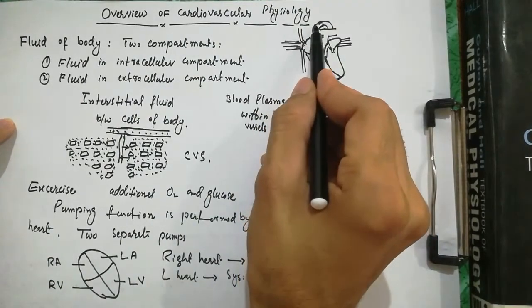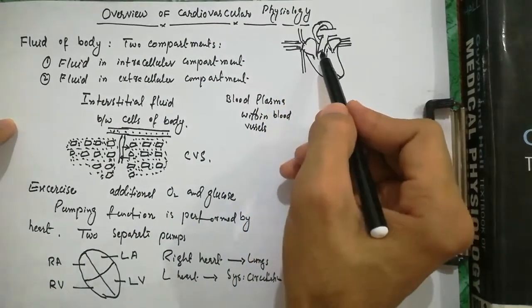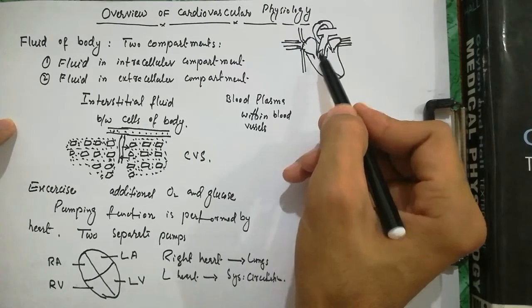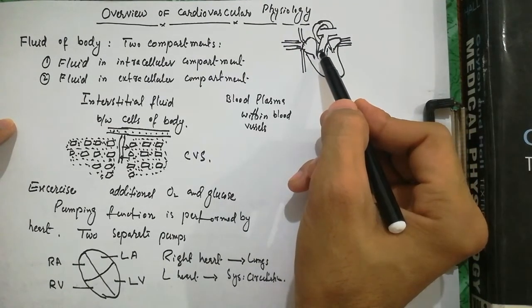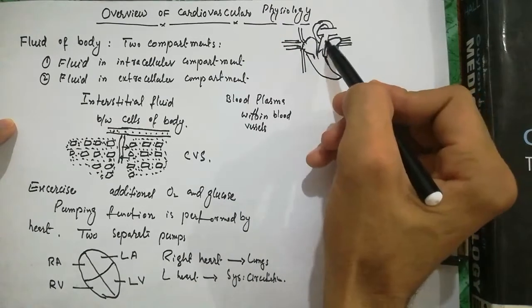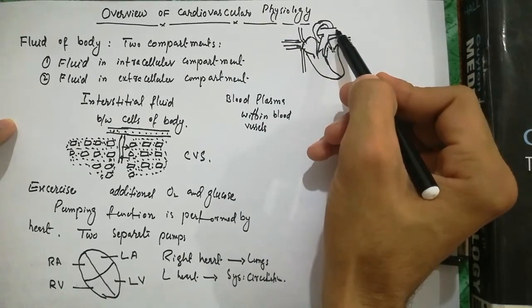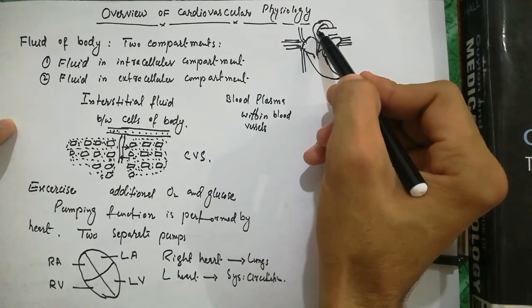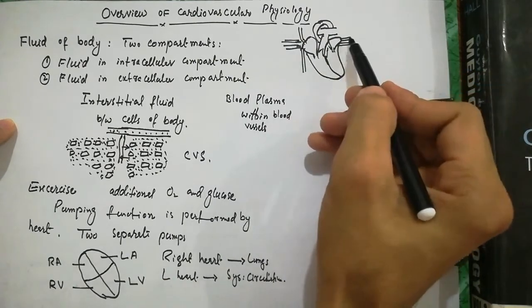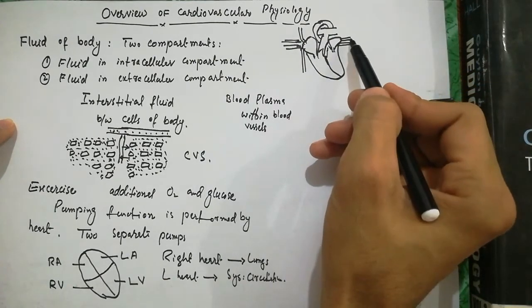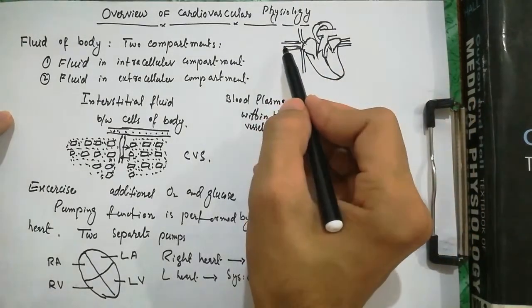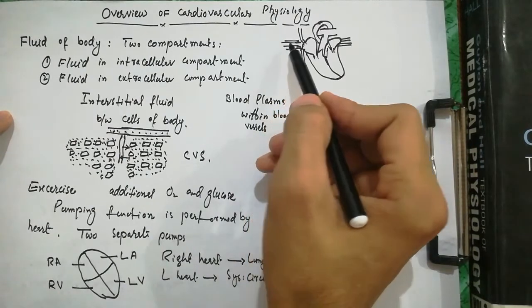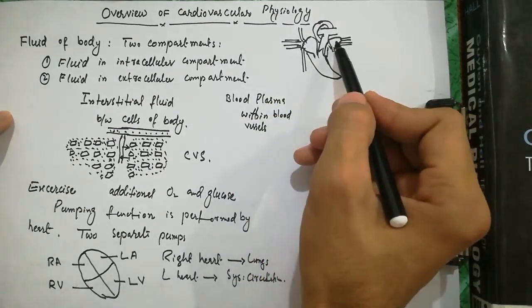This is the pulmonary valve, the outflow of the right ventricle, with the left and right pulmonary arteries. These are the pulmonary veins, two left and two right, entering the left atrium.